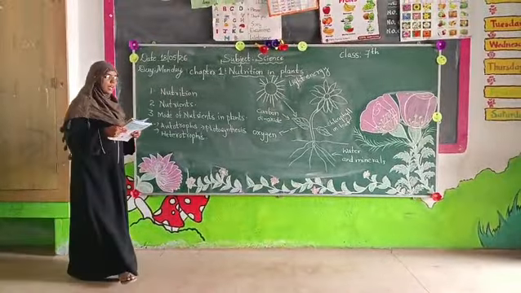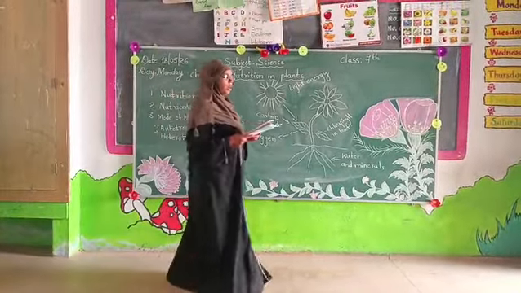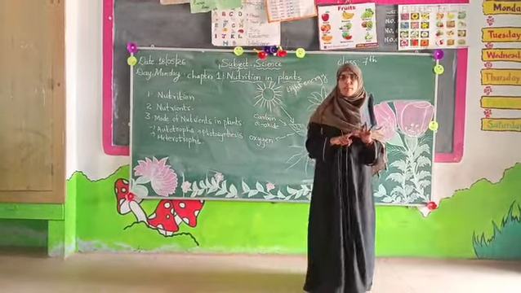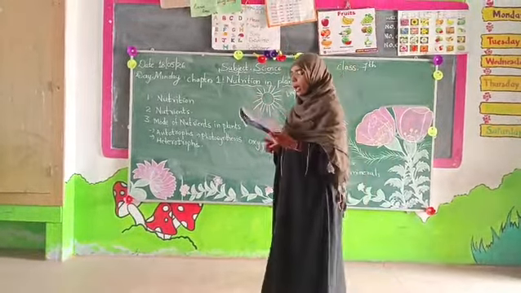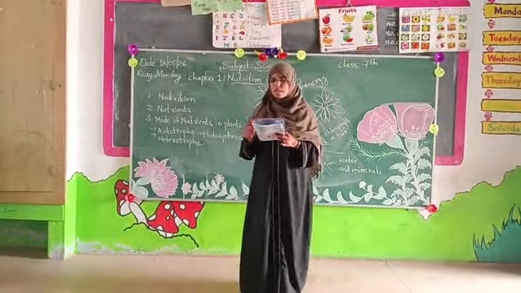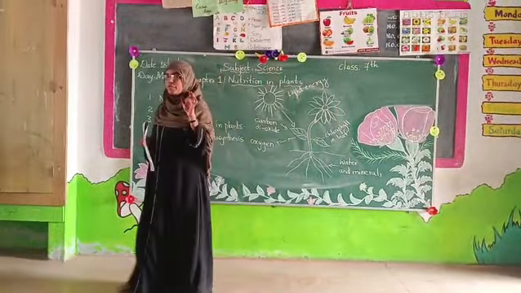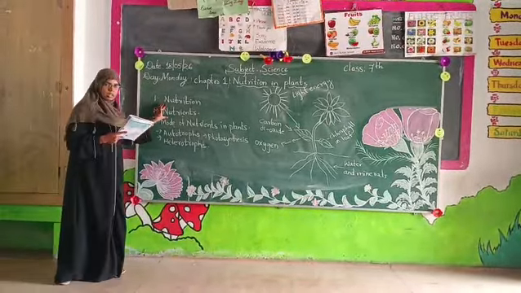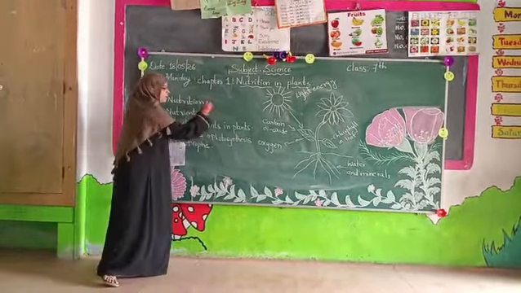In the previous class, class 6, you learned that food is essential for all living organisms. You learned about carbohydrates, proteins, fats, vitamins, and minerals. These are the components of food, which are the nutrients.